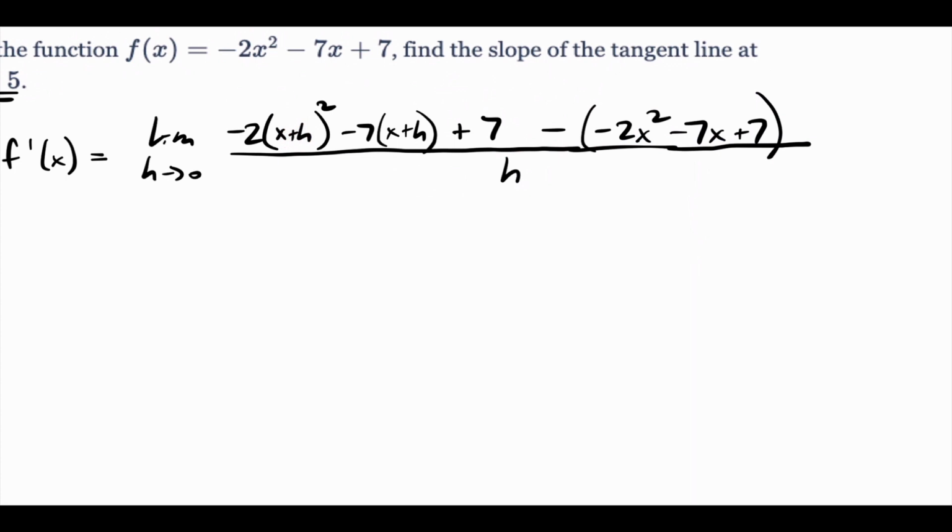So would I have 0 on top and 0 on bottom again? Because if I plugged in 0 to find the limit, it would just be negative 2x squared minus 7x plus 7. Isn't that the same thing as this? And I'm subtracting them, so they would just go away, right? So that means I would be left with 0 on top. And then if I plugged in 0 on bottom, I would have a 0 on bottom. So we got to think of other ways.